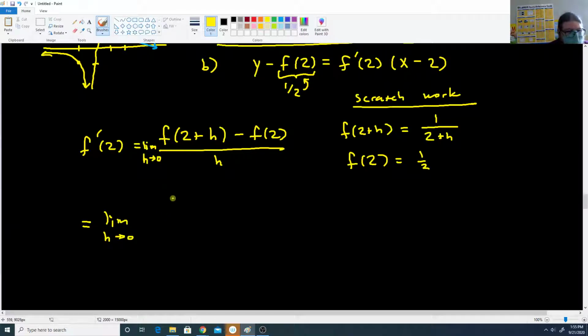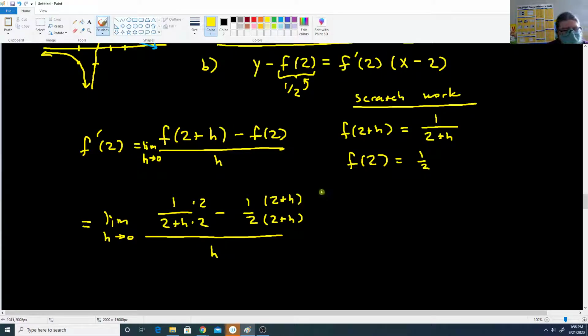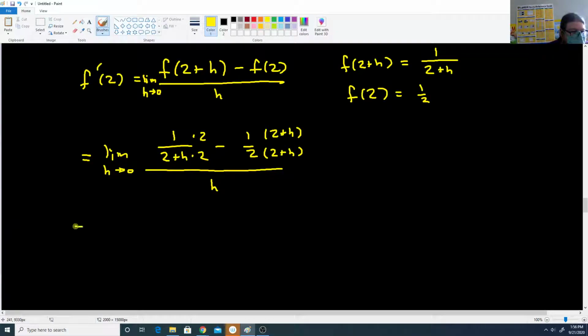We put those together and get 1 over 2 plus h minus 1 over 2, all over h. This needs a least common denominator, so I'm going to multiply the first term by 2 over 2, and the second term by 2 plus h over 2 plus h. Then I can combine these together. There's the big division by h.